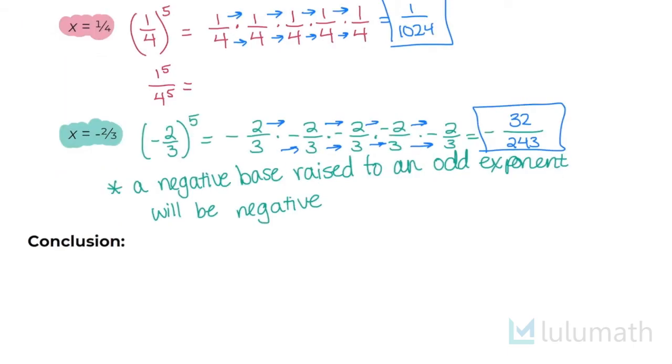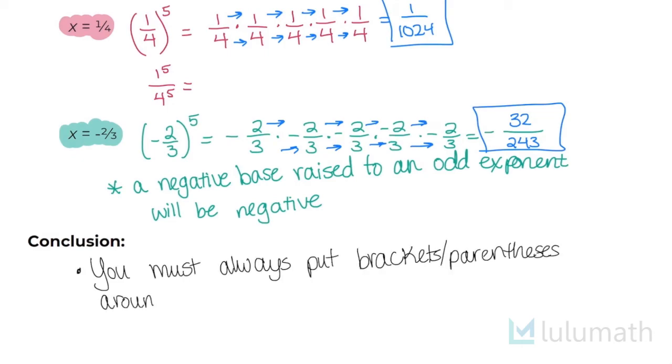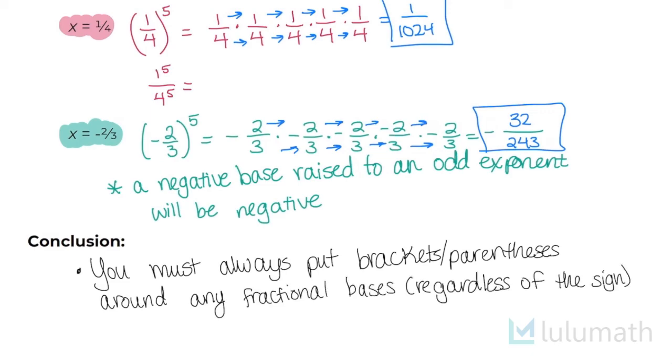So in conclusion, you must always, always, always put brackets or parentheses around any fractional basis, regardless of the sign. Whether it's positive or negative, you always have to do that.